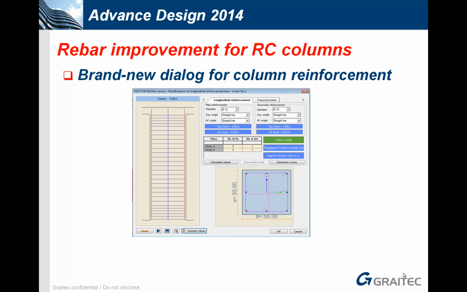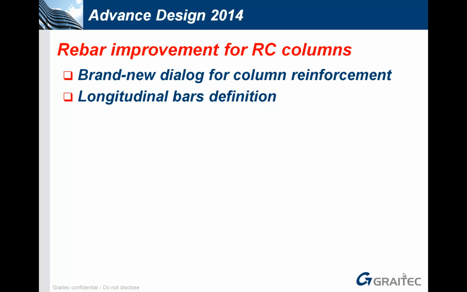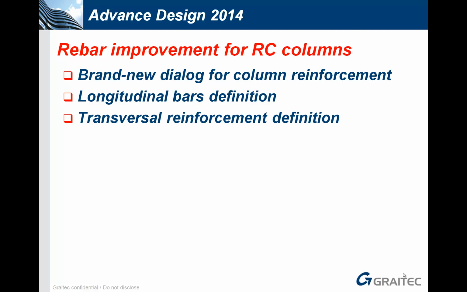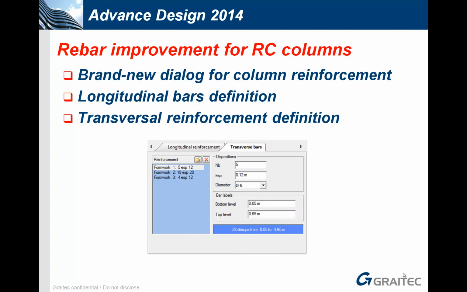And this is the new dialog for column reinforcement, so we have much more options. For longitudinal bars, you can define diameter, hook type, and the number on each side. And for transversal reinforcement, which we couldn't do before, now you can define spacing and diameter.